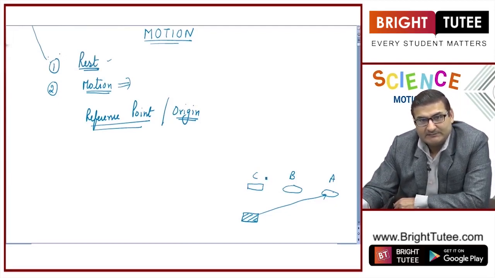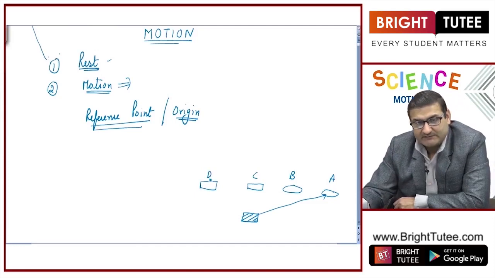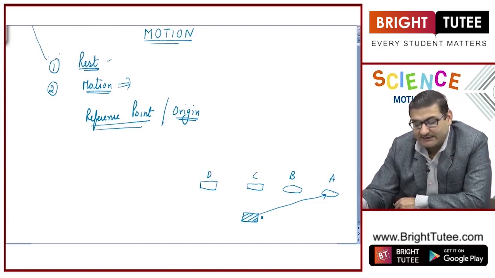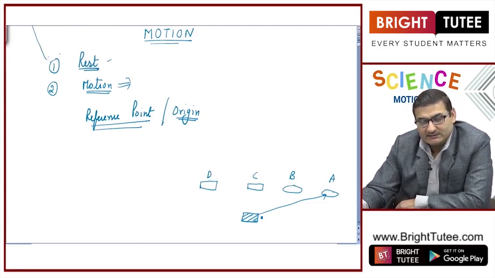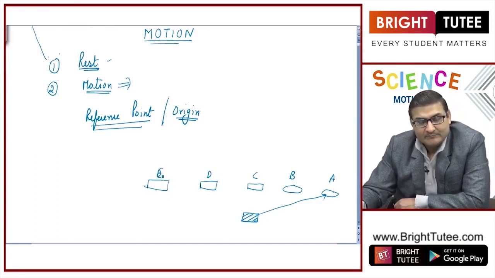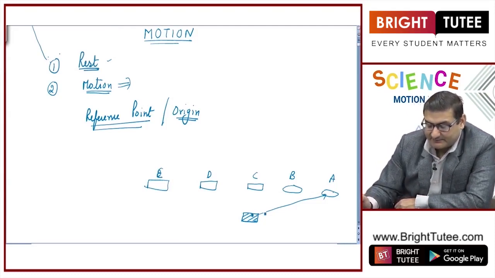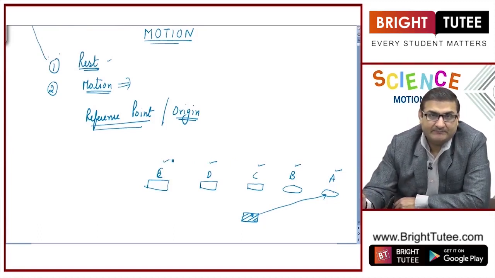After all the passengers have gone up the bus, this bus starts moving and recedes away from me. I am still standing here at the bus stand looking at this bus. It is at a point D, and again after some seconds at point E. So if I take this bus stand as a reference point, I see that the bus has changed its position consistently and continuously.